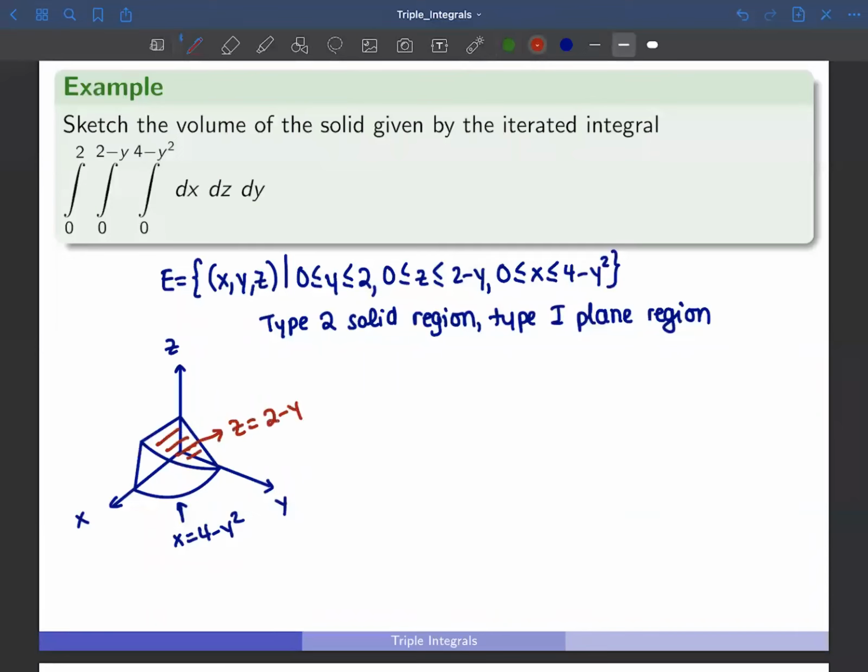So this is the volume of the solid that we are asked to sketch.